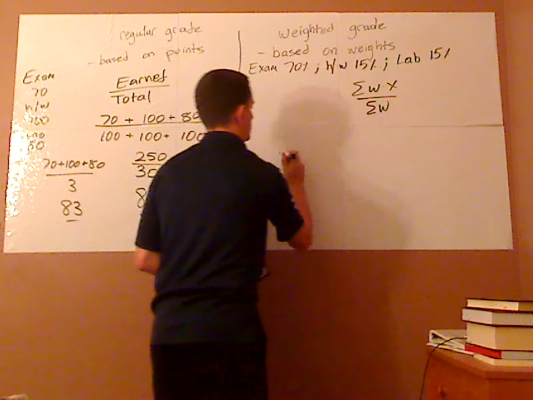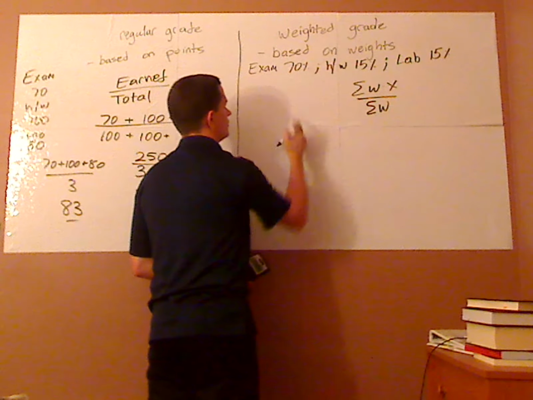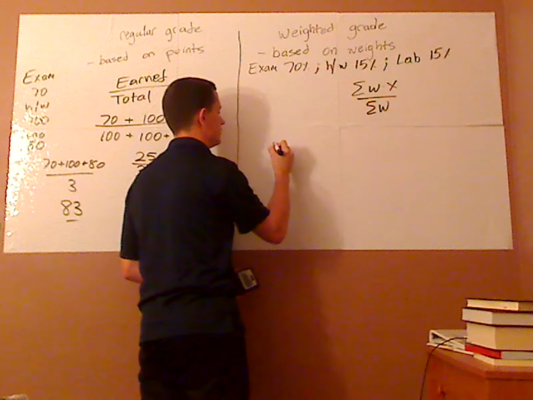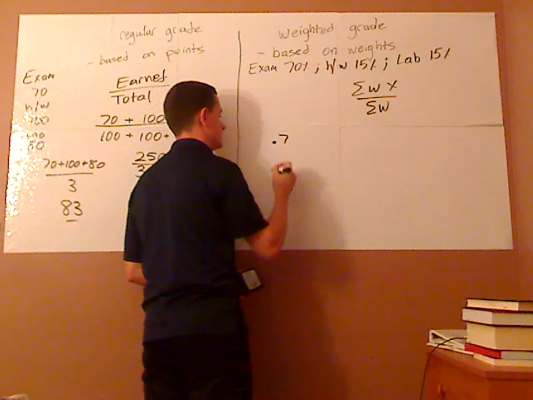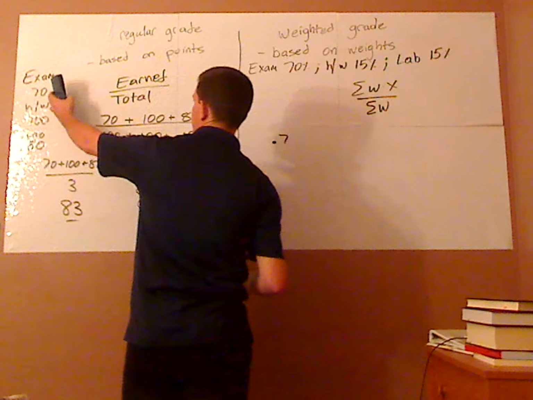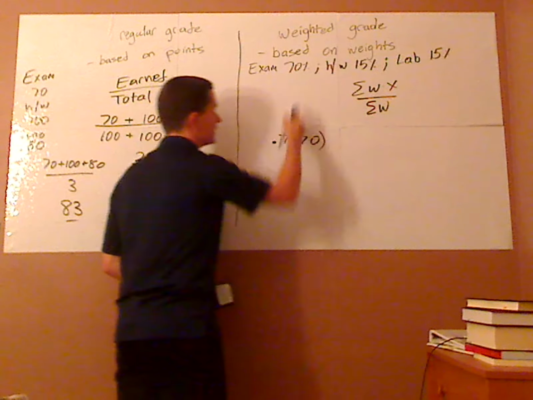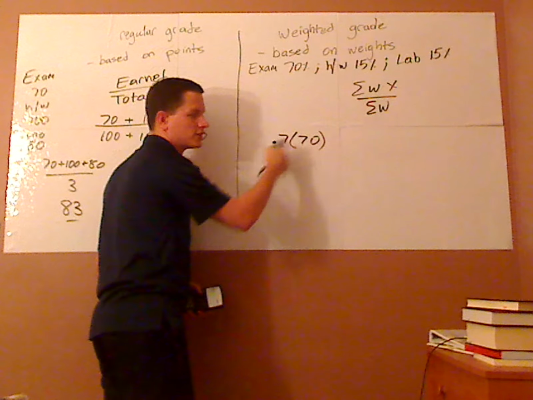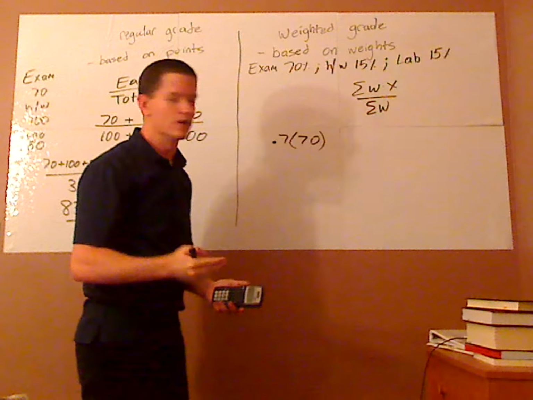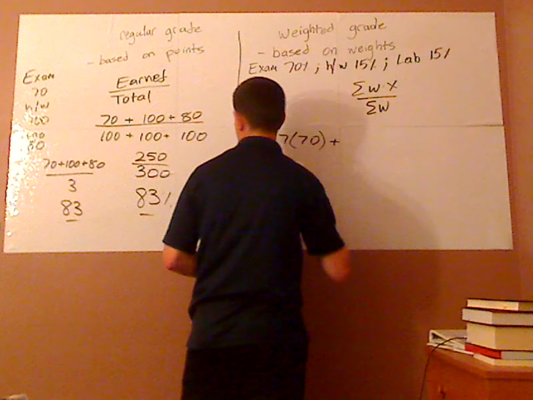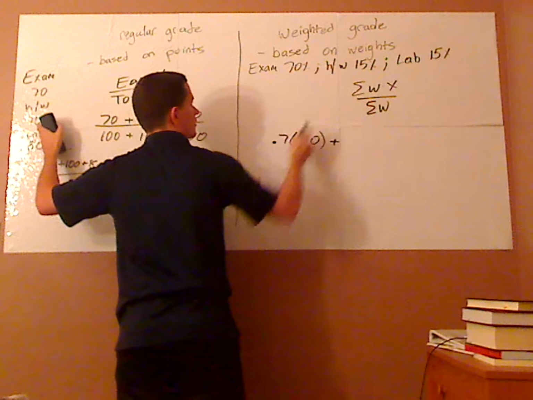So what you're going to do is take this percentage, change it to a decimal, so it's 0.7, and then times it by the grade. So you're going to times it by 70, right? Because this percentage corresponds to the exam grade. So it's 0.7 times 70 plus, then you have your homework grade.